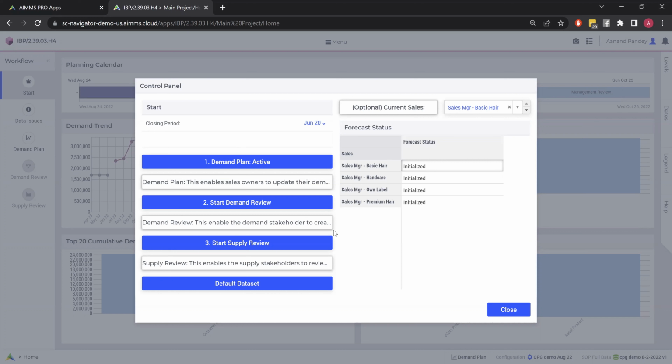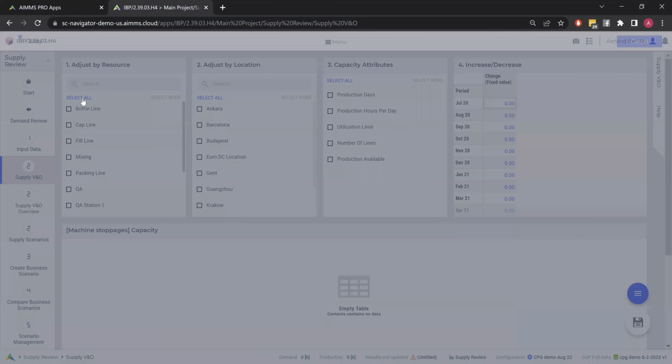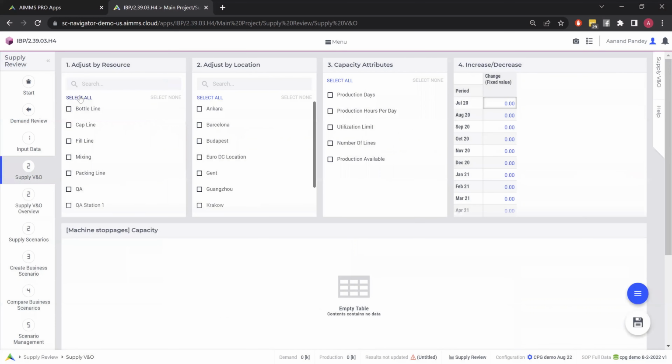So we go to supply review. Before I show you this part, let me show you firstly supply VNO. The logic becomes exactly the same. So let's say we want to create a vulnerability in this case of machine stoppages at certain locations. So let's say that the bottle line at the various locations will actually have a fewer number of lines available.